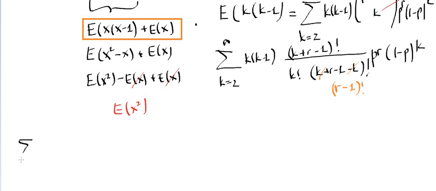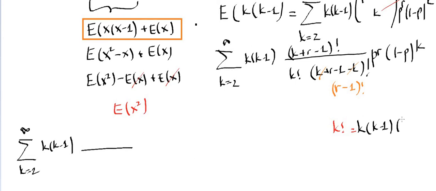Now let's start from here. Summation k from 2 to infinity. We have k times (k minus 1). Here we have k factorial, which we're going to expand as k times (k minus 1) times (k minus 2) factorial. We go one more step because we need this for the necessary simplification. And for the expansion of (r plus 1) factorial, which is r plus 1 times the one less than this, which is r, times the one less than this, (r minus 1) factorial.